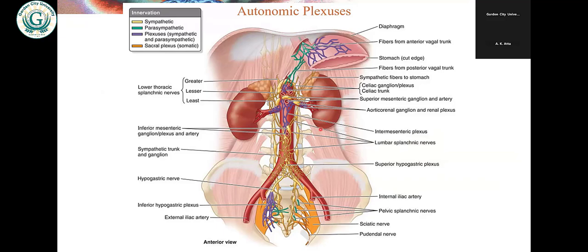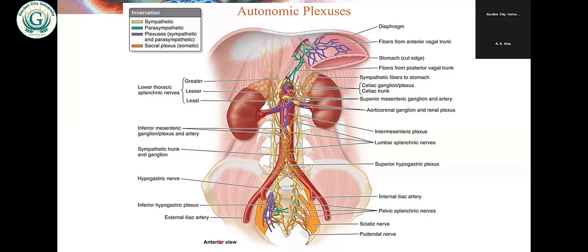So let's start with the autonomic innervation. In terms of autonomic innervation, it is this plexus that we are interested in. We call it the inferior hypogastric plexus. They also call it the pelvic plexus.